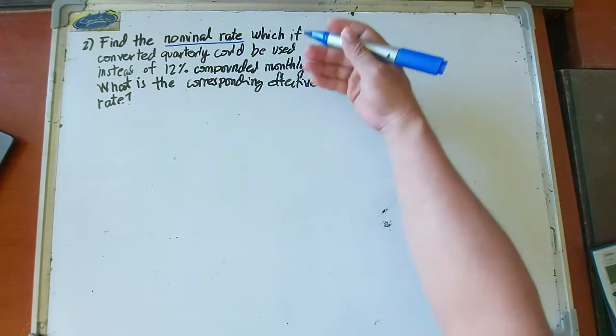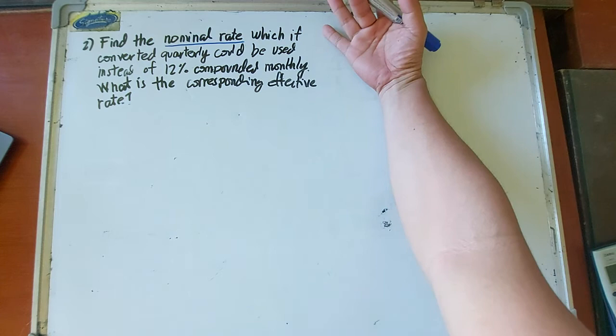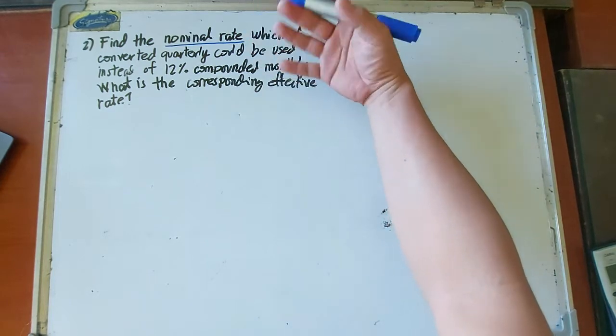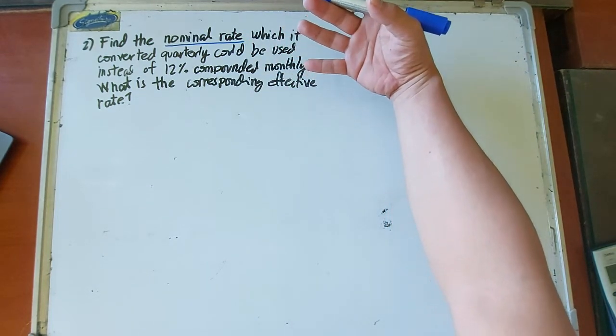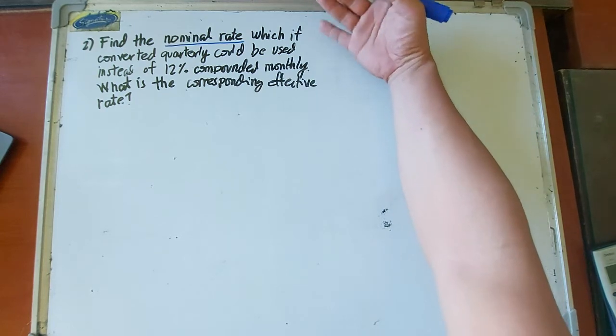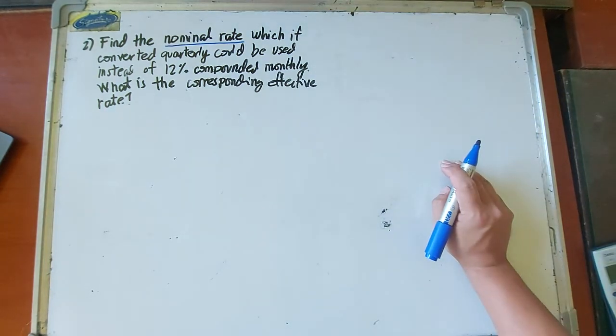So we are to convert that to compounded quarterly. So what should be the corresponding nominal rate? For this to happen, the effective rates of both conditions should be the same.